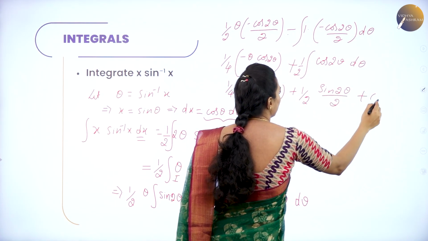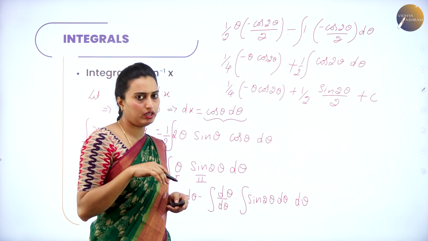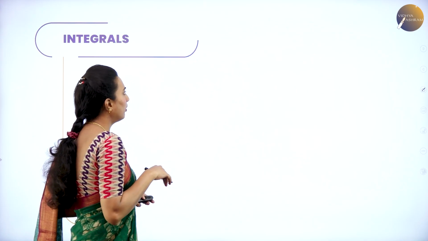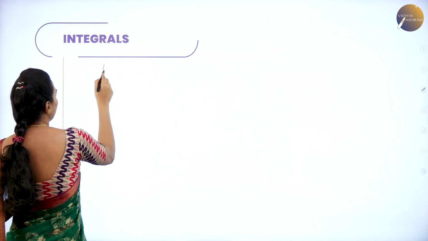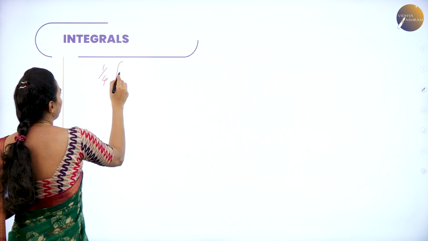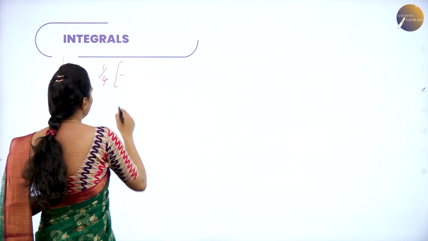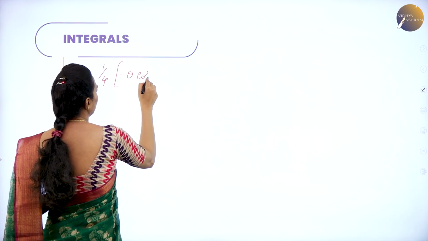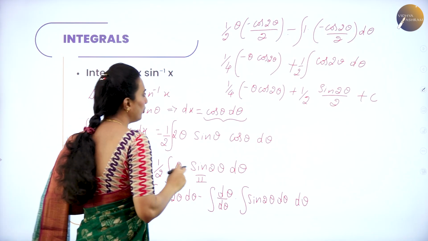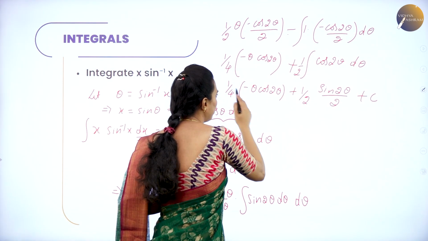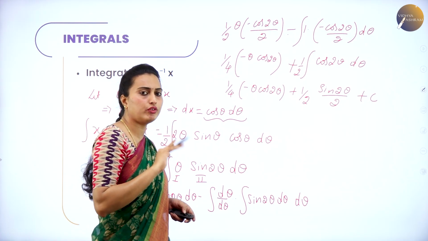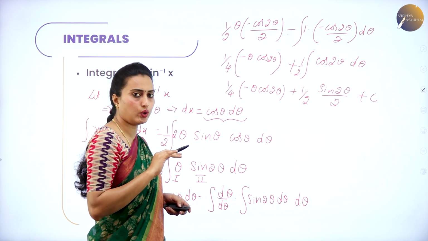Right? Plus c. Now again substituting back to theta, what you are going to get is 1 by 4 into minus theta into cos 2 theta. Dear students, I am removing 1 by 2. 1 by 2 into 2 is 1 by 4. 1 by 4 throughout I am removing outside as a constant.